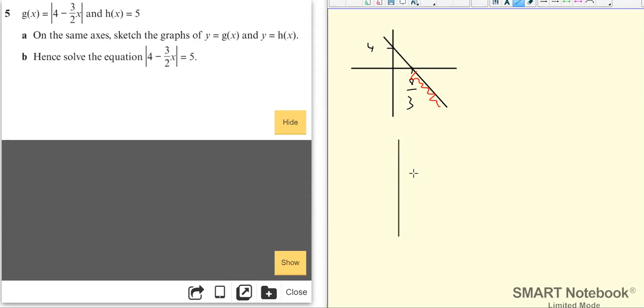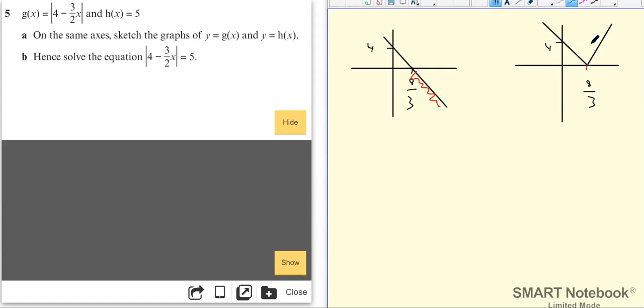In fact, I'm going to do it here. And so we get something that looks like this. Now, this is still 8/3. This is still 4.